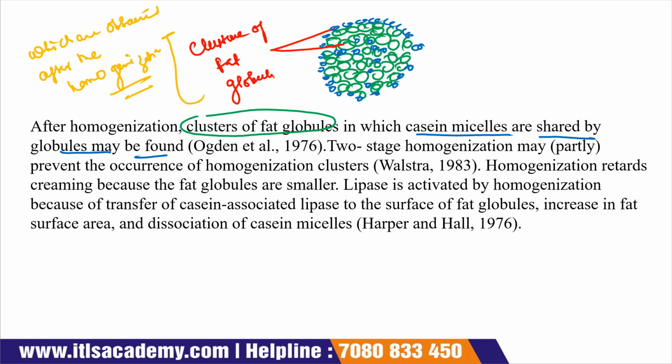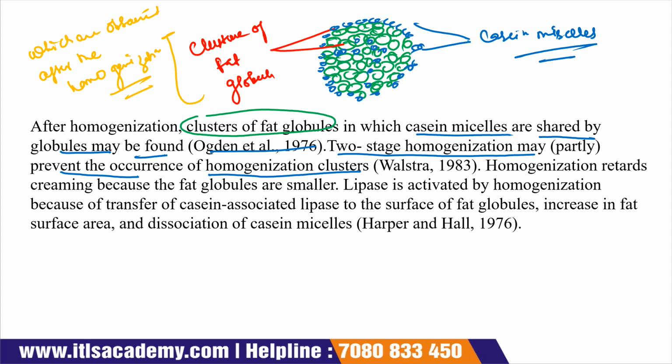This is your casein micelle, and it is taken from Ogden et al. 1976. If there is a two-stage homogenization, that is partial, then it will prevent the occurrence of the homogenization cluster.